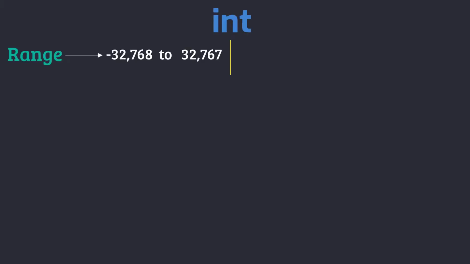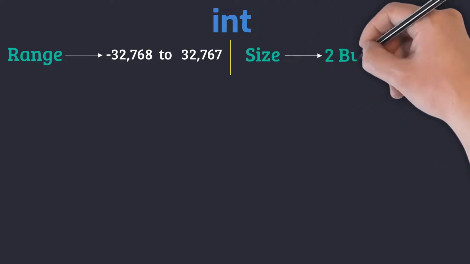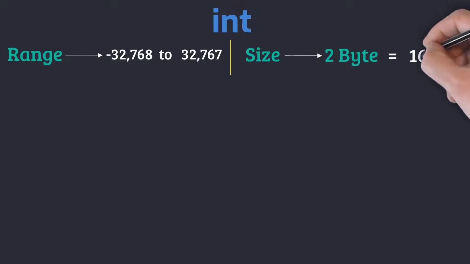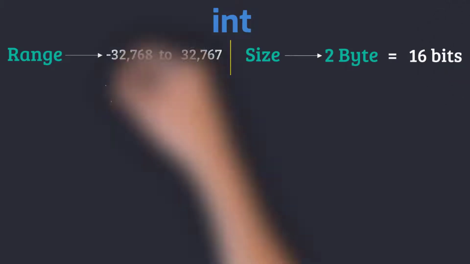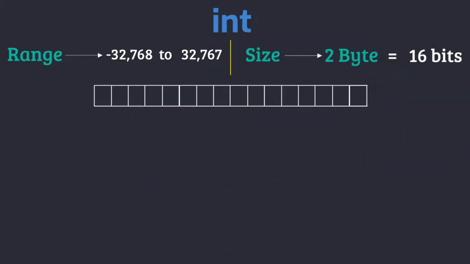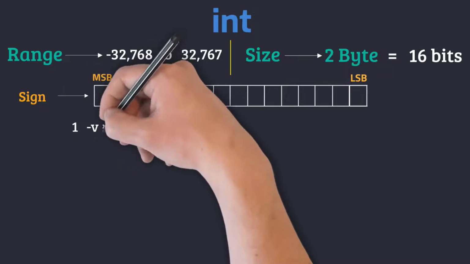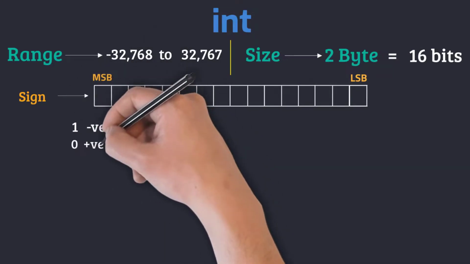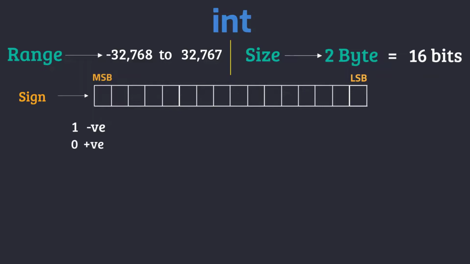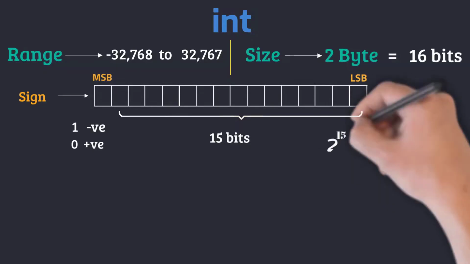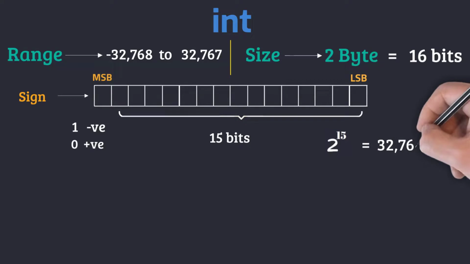Similarly, the size of int is 2 byte, which is equal to 16 bits, and we can represent it like that. MSB will represent the sign of the number. Now there are 15 bits remaining to store the number. And the number formed using 15 bits can be calculated by 2 raised to the power 15, which is equal to 32,768.